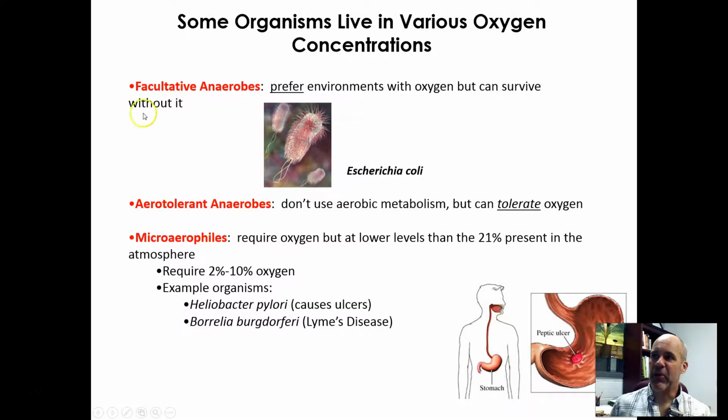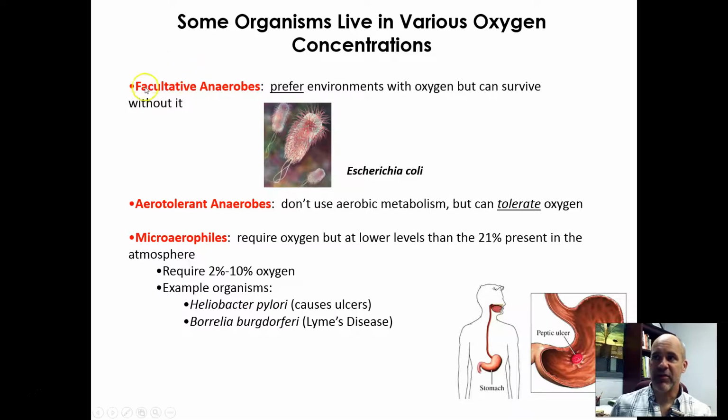All right, some other categories. This is one you're going to want to know about because you'll hear about this quite a bit: facultative anaerobes. Now, it sounds like they would still prefer to not be in an oxygen-containing environment, but that's not true. A facultative anaerobe prefers an environment usually with oxygen gas, but it can survive without it.